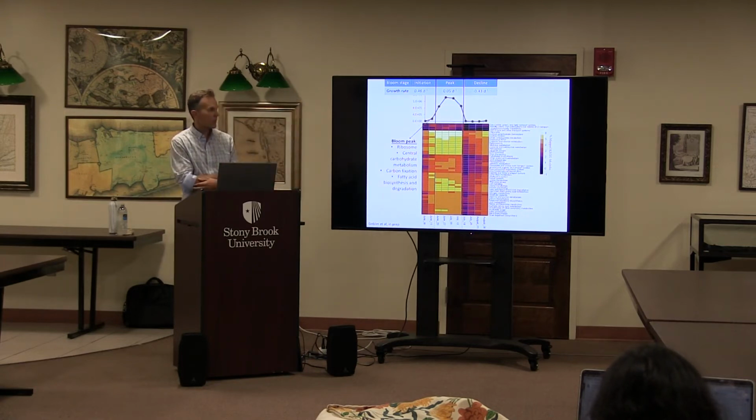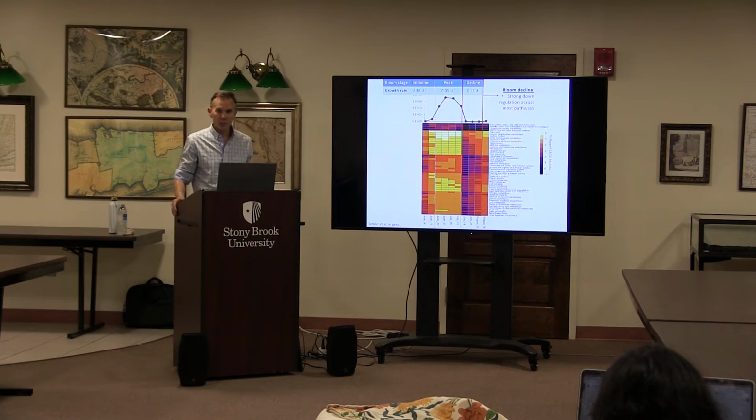And you may recall, in the lab experiments, we also saw that being very important. So maybe using fatty acids both to store them as an energy source, but then to rely on them when there's not enough energy because the water is so turbid. And then just a real collapse in gene expression at the end of the bloom, maybe as expected.